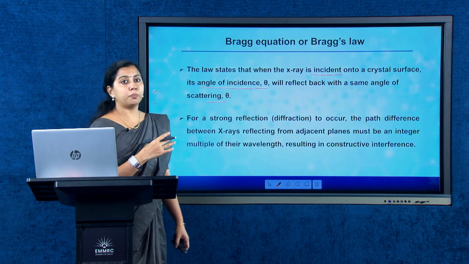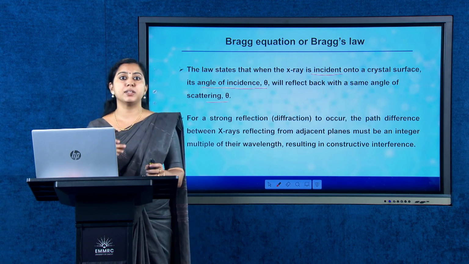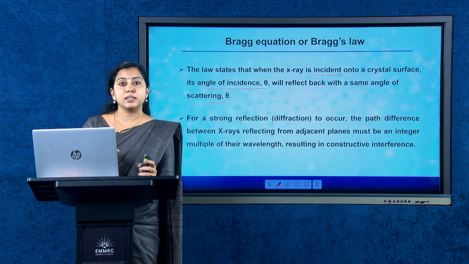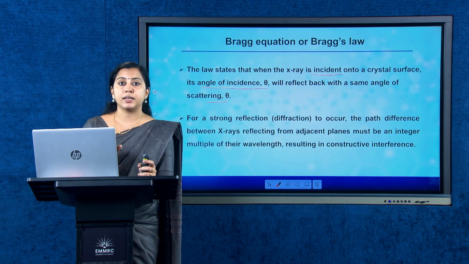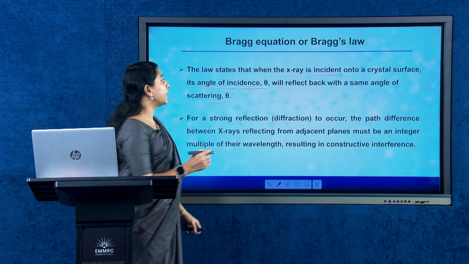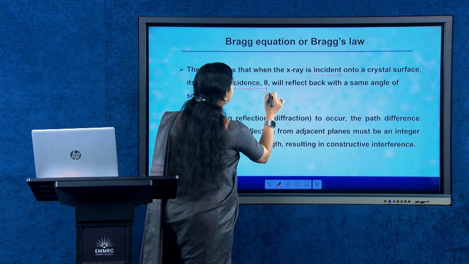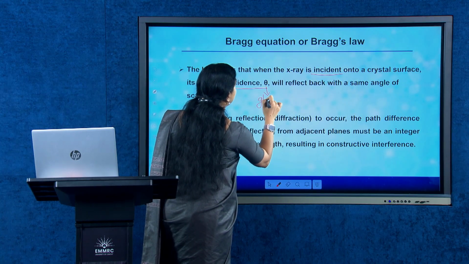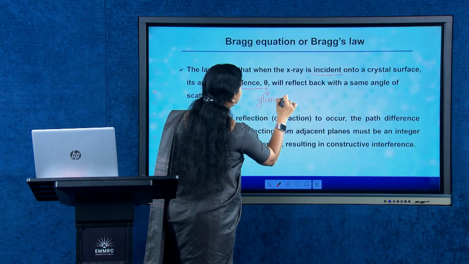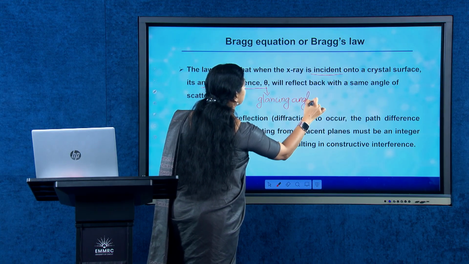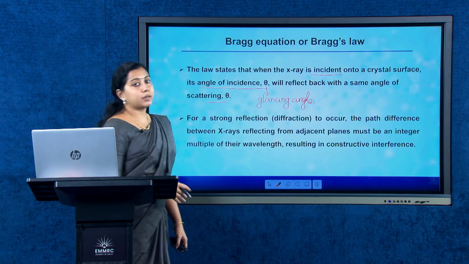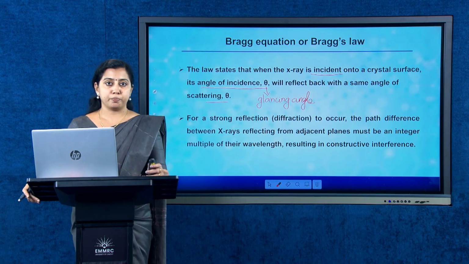Okay. So, the fundamental principle of Bragg's law is that when X-ray is incident onto a crystal surface, its angle of incidence, let us say theta, which is also called the glancing angle, will reflect back with the same angle of scattering theta.